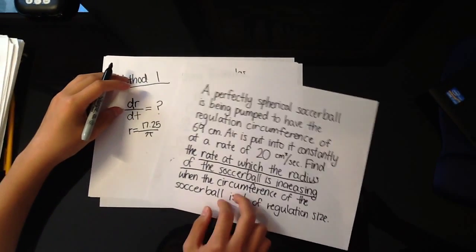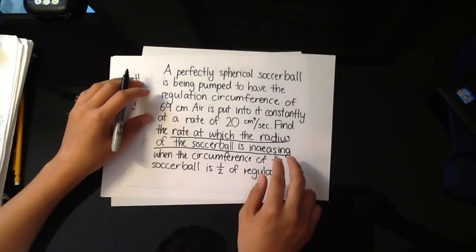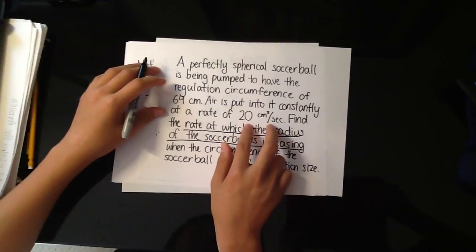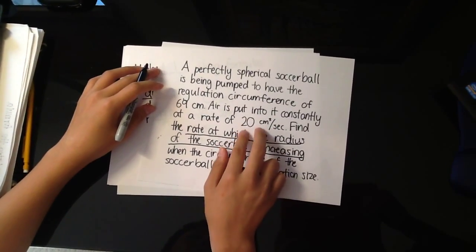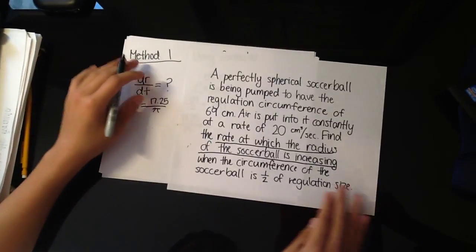Now, it says the radius of the soccer ball is increasing, and we know air is being put into it constantly at a rate of 20 centimeters cubed per second, and that is a measurement of volume, right?